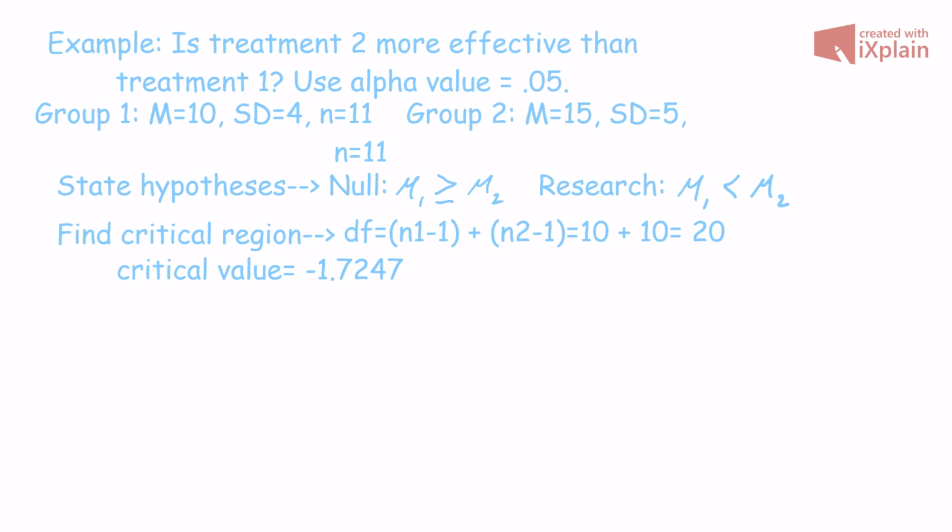And since the researchers are predicting that treatment 2 is going to be higher, I'm going to want to have a negative critical value, because if you take group 1 minus group 2 and group 2 is higher, you would end up with a negative number if treatment 2 is more effective. So I want to have a critical value on the negative tail. Here's a picture. If I get anything in this region, then I'm going to reject the null.